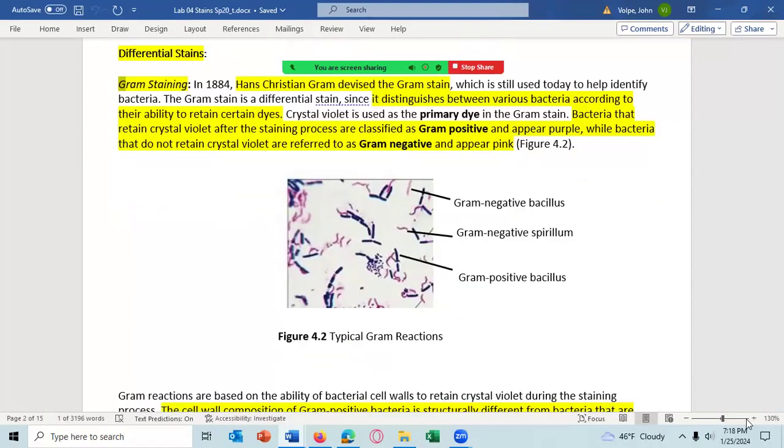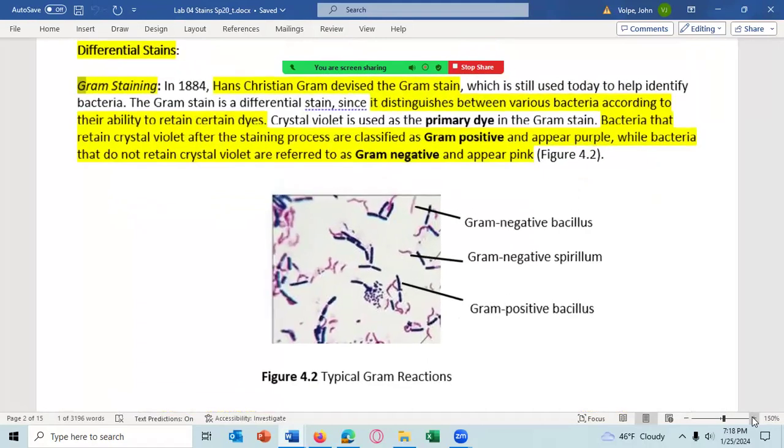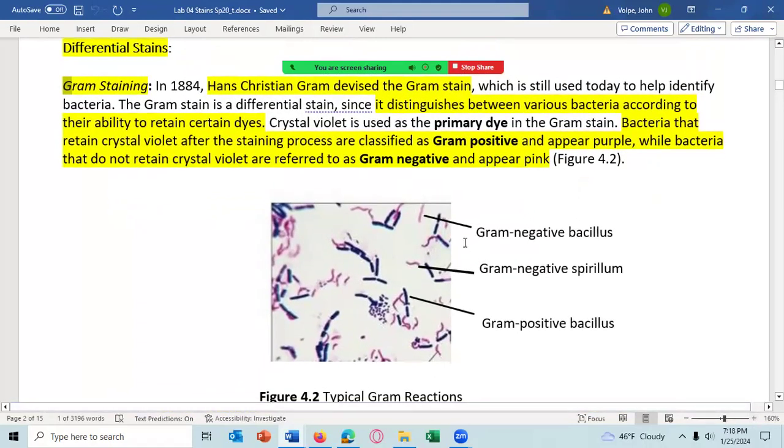You can have, let me blow this up. There's the gram-negative bacillus, a gram-positive bacillus, a gram-negative spirillum or spiral right there and there. I think I already said a gram-positive bacillus, but there's one there. And there are some gram-positive cocci. I just noticed there's some cocci there, but I can't make out the color.